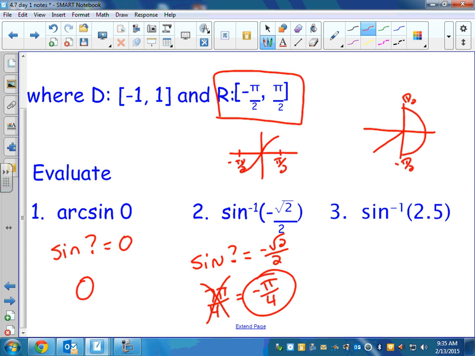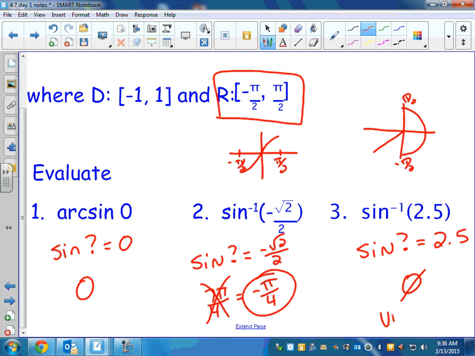Grady's shaking his head no on this one. What is this saying? This is saying what angle has a sine of 2.5? What's my restricted domain up there? Oh, that's my restricted range. Can sine ever be 2.5? Yeah, there's no solution to that.